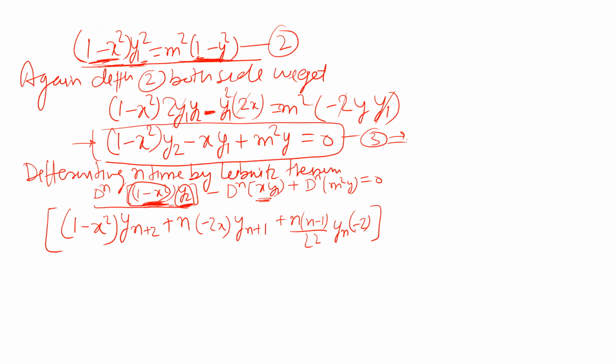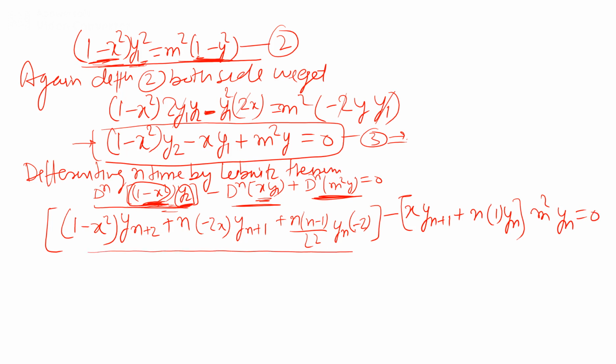The next terms become 0. So this is the expansion of the first term when we apply the Leibniz theorem, and similarly on the second term we write minus x y n plus 1 plus n times 1 yn, and on the last term when we apply the nth derivative, we just write m square yn, equal to 0.